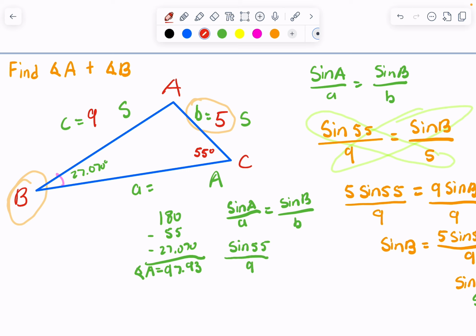Let me choose a different color. It's too much green. So now we're going to find side a. Our sine B will be the angle that we just found, because we have no choice but to use that. That is okay, because we're trying to find its corresponding side. So that would be sine 97.93 over a.